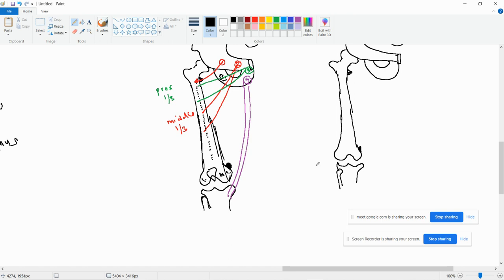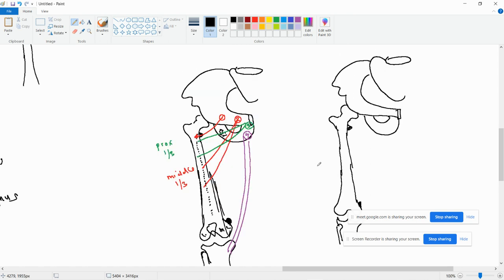Listen carefully, class. The first fiber that you should know is the anterior fiber of the hamstring. Where is it coming from? It comes from the inferior ramus of pubis, because this is the superior ramus of pubis, this is the body of pubis, and this is the inferior ramus of pubis.